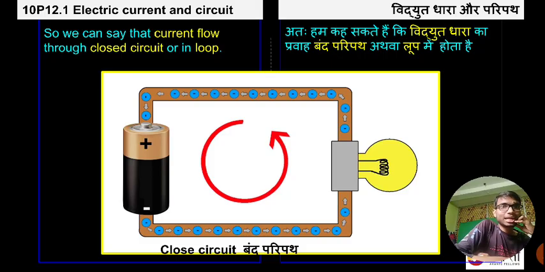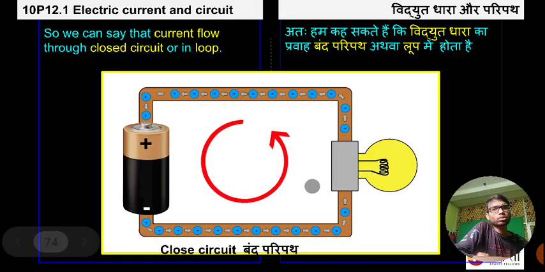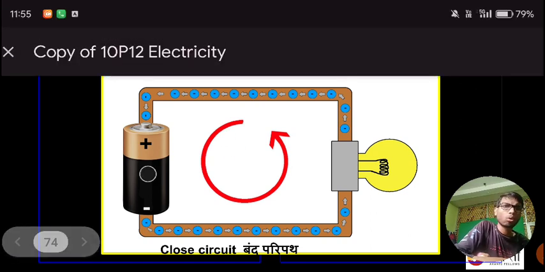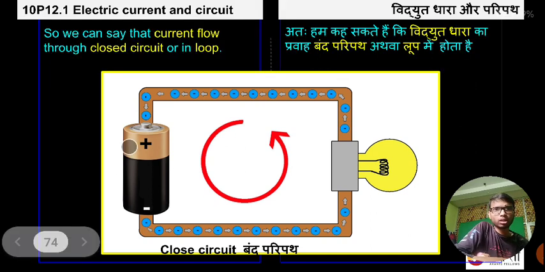So we can say that current flows through a closed circuit, or in a loop. Here, this is a closed circuit, nothing is broken. Confidently you can say that nothing in this figure is broken. All things are working very well. And we have some components.